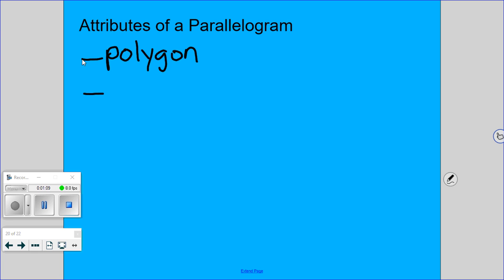What does that actually mean? Ashley, what does that mean? It has no holes and it has straight sides. Our parallelogram has no holes and straight sides.